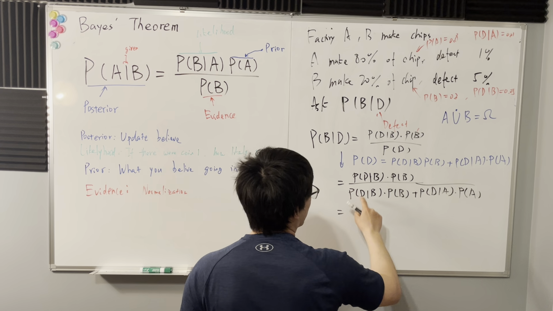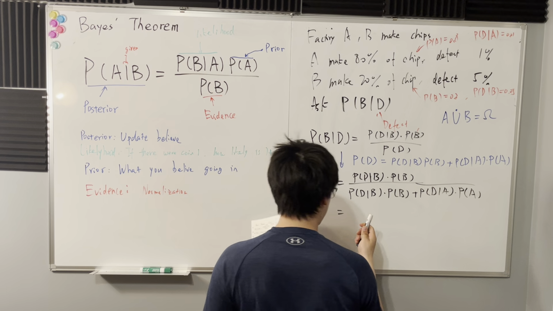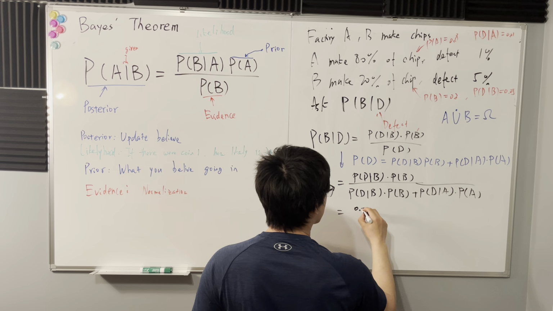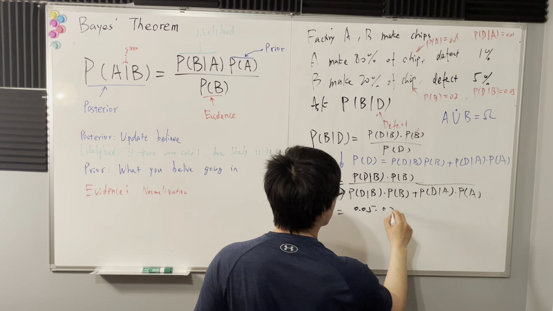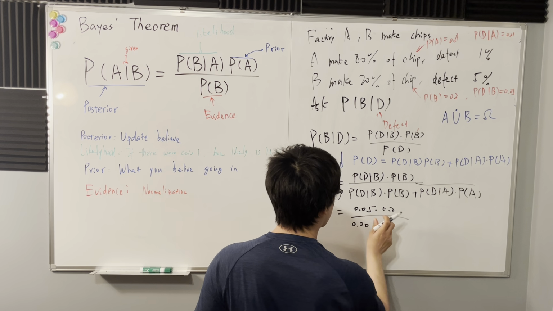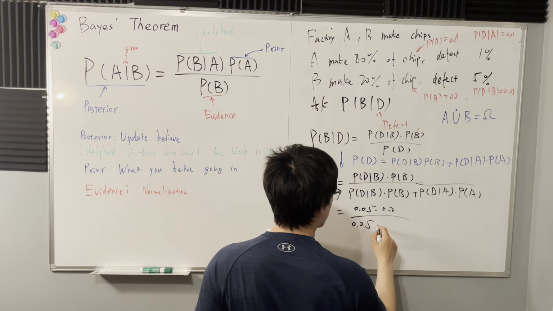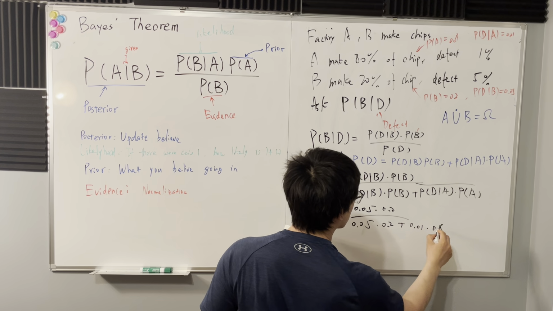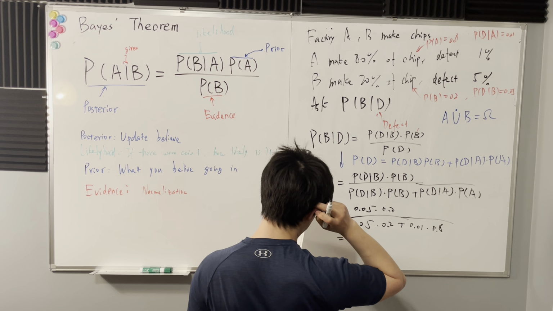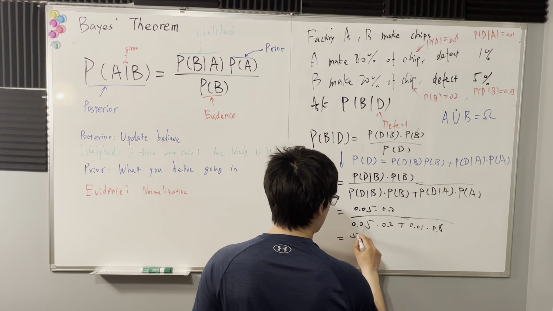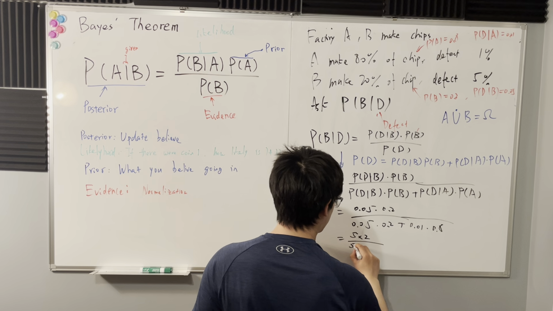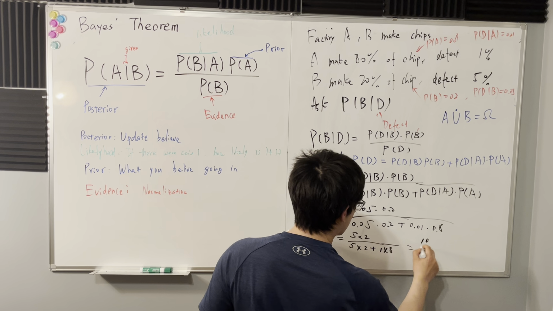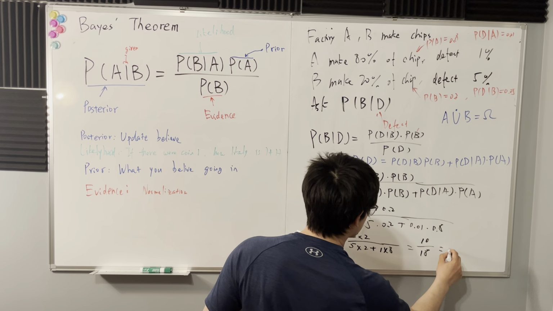Then you plug in the numbers. Now you have all four numbers here: 0.05, 0.2, 0.01, 0.8. You multiply by 1,000 on both sides. Then you have 5 multiplied by 2 over 5 multiplied by 2 plus 1 multiplied by 8, which is 10 over 18, which is 5 over 9.